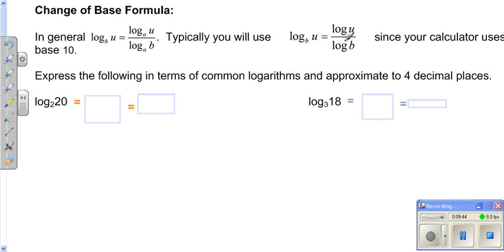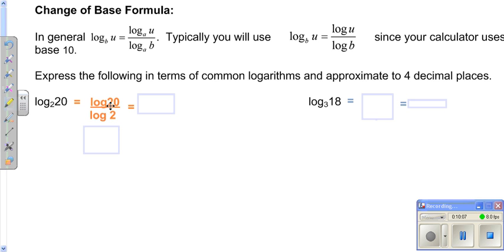Since these are written as common logarithms, log base 10, you can type it into your calculator to get a decimal approximation. So we can do that one down here. You want to go log of what's after your log, as a common logarithm, over log of your base, which is log of 2.